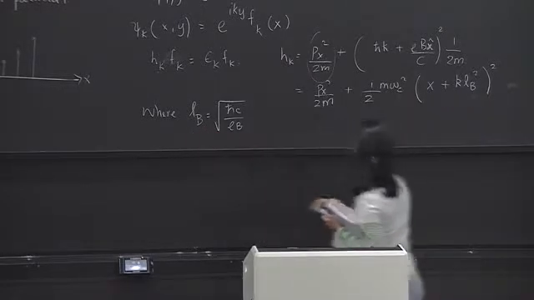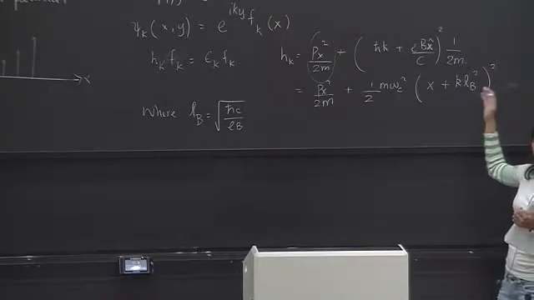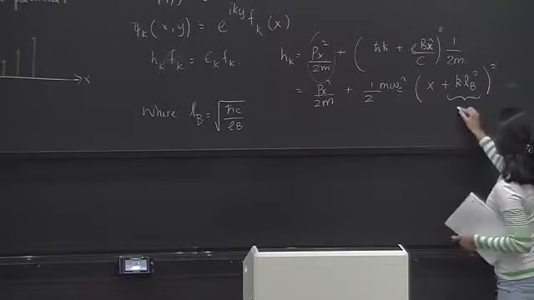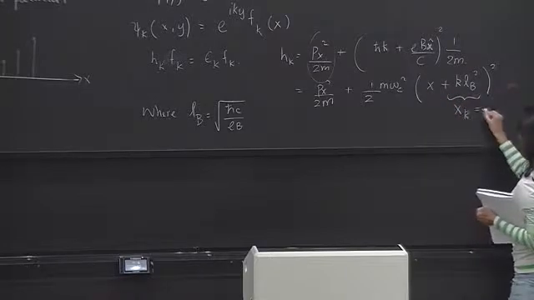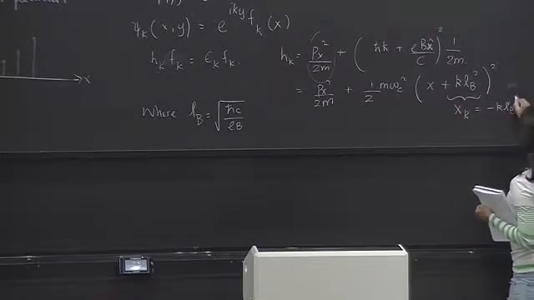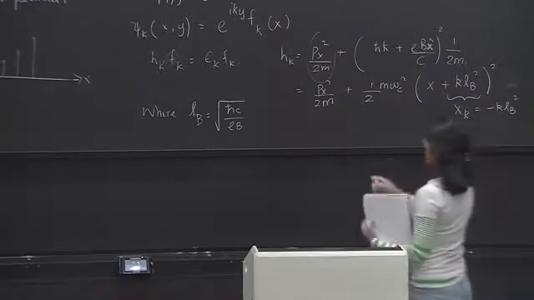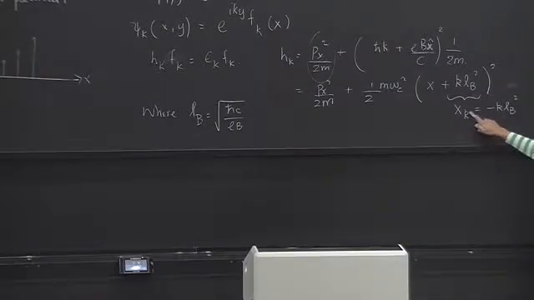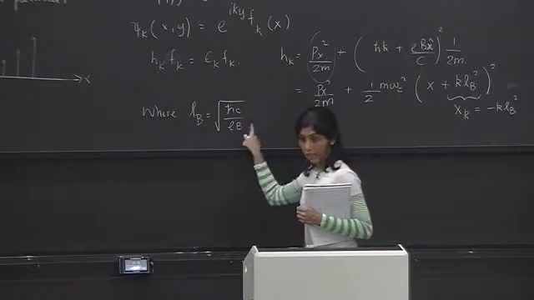Basically what this length scale does is it shifts the center of the harmonic oscillator to this point. And so I define x_k to be the center of this harmonic oscillator, which is equal to minus k l_B². Okay? So just to reiterate, I have a harmonic oscillator with three parameters: frequency ω_c, center of the oscillator x_k = -k l_B², and l_B, a new length scale known as the magnetic length.